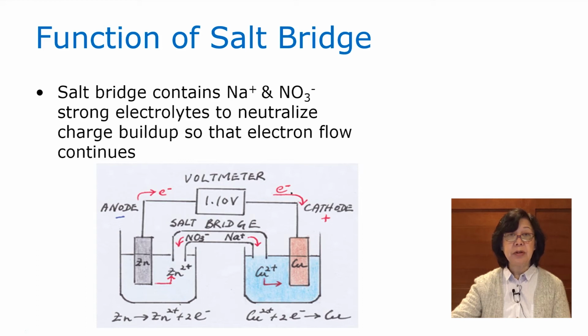Because sodium nitrate is ionic, the nitrate ion in the salt bridge will be attracted to the zinc ion in the anode compartment to neutralize the buildup of positive charges, while the sodium ion, the cation, will be attracted into the cathode compartment to neutralize the buildup of nitrate ions, and then the electron flow will resume. And this is an important function of the salt bridge in a galvanic cell.